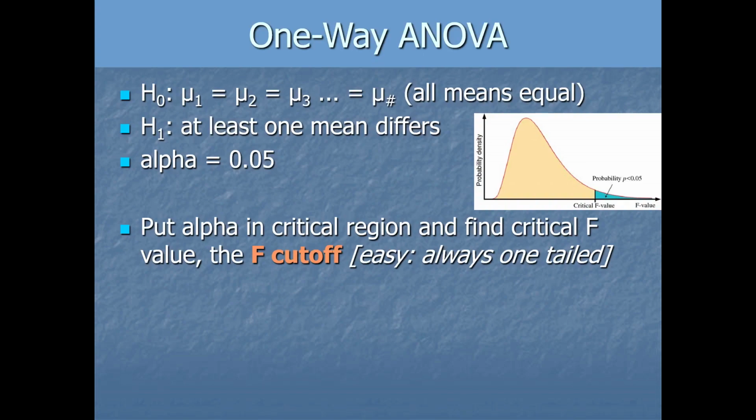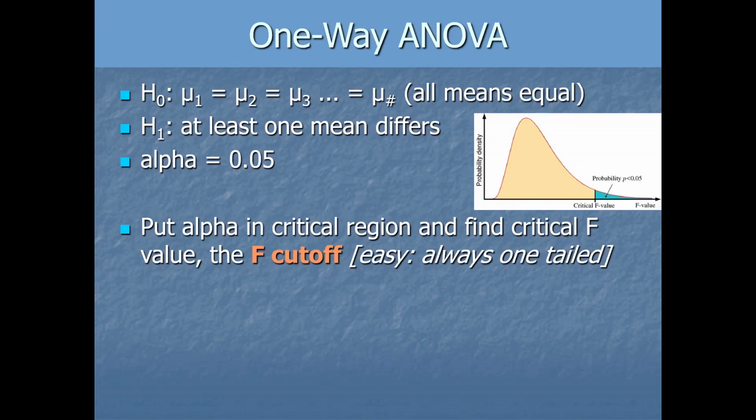Then you can look up in a table what critical F value would be considered statistically significant, meaning what F value would represent the least likely 5% of F values one might get from samples of the size you're taking. This is like a target F value, and you're going to see if your sample's F value is bigger than that, and thus out in the critical region, or what we might call the rejection region, where you would reject the null hypothesis and conclude that the groups aren't all equal.